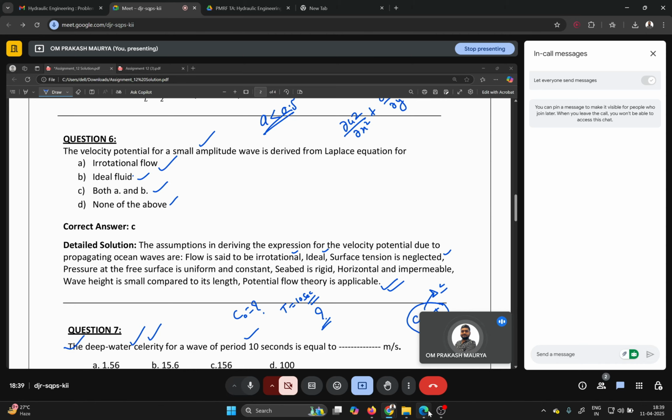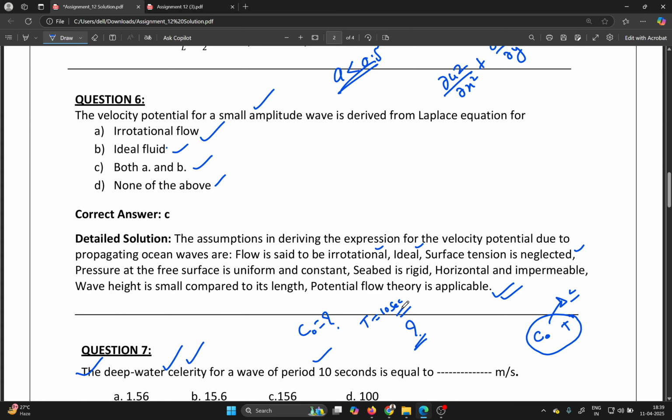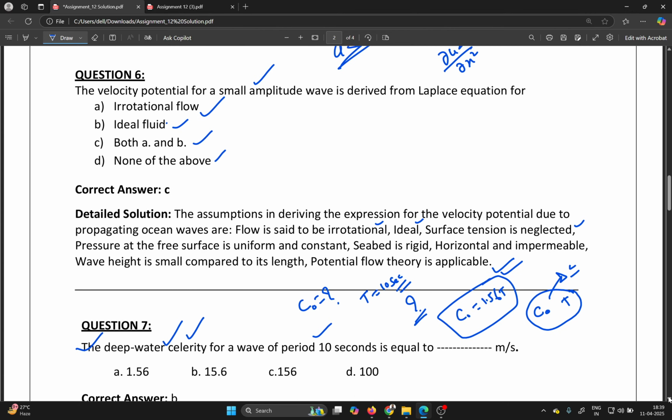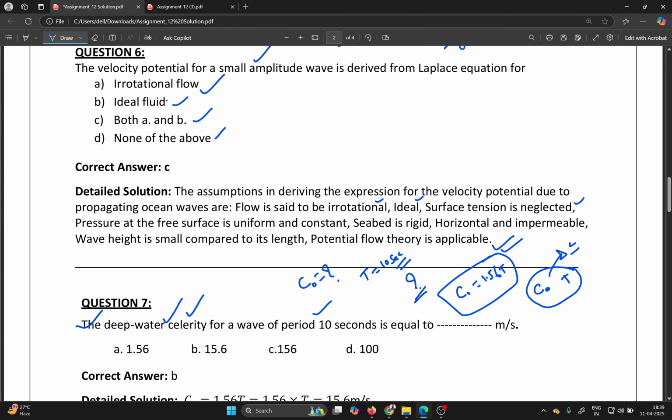Okay, let me just show you the answer. So before showing the answer, let me just calculate. The relation between your celerity as well as time period is 1.56 into T. The value you know already.